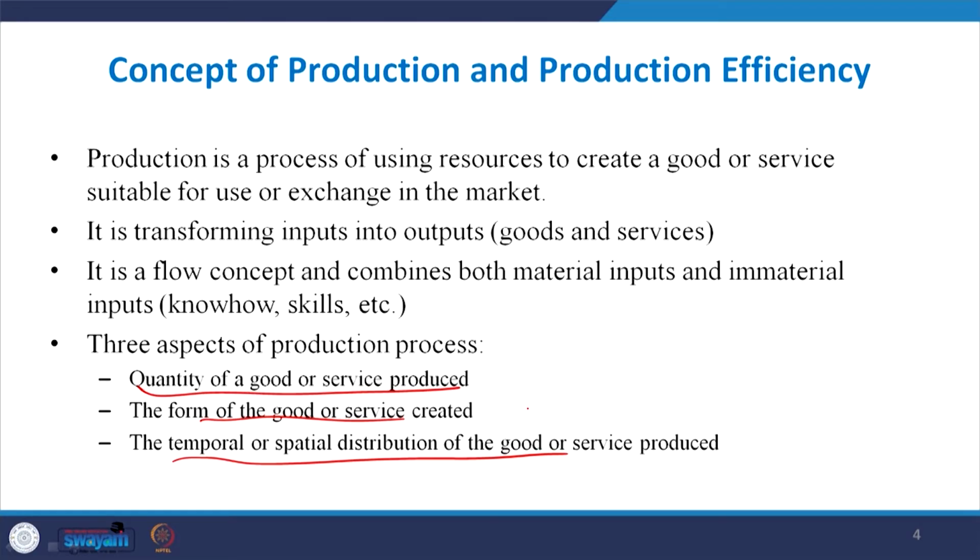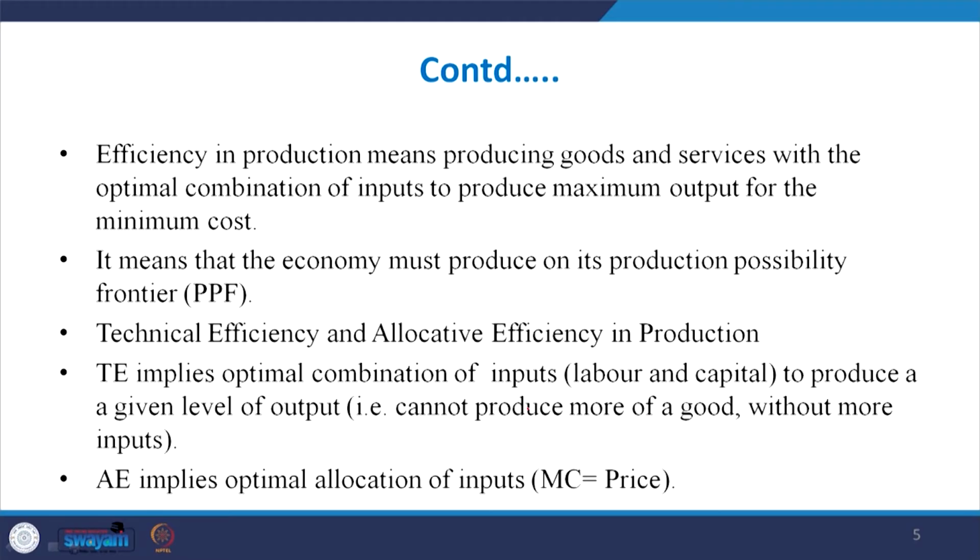Then efficiency in production means producing goods and services with the optimum combination of inputs to produce maximum output at minimum cost. It means that the economy must be producing on its production possibility frontier. So, the production possibility frontier shows the maximum possible output that can be produced with the given or available resources.